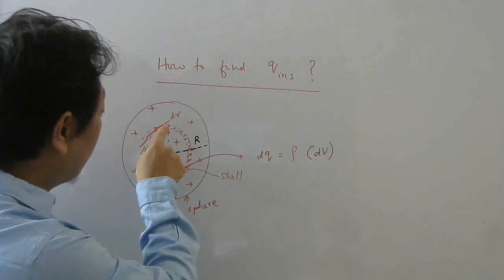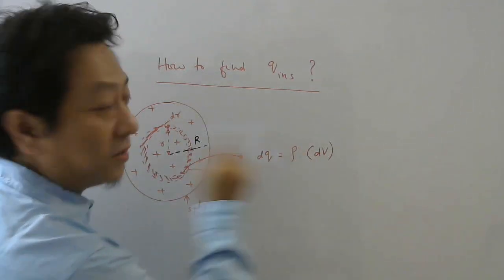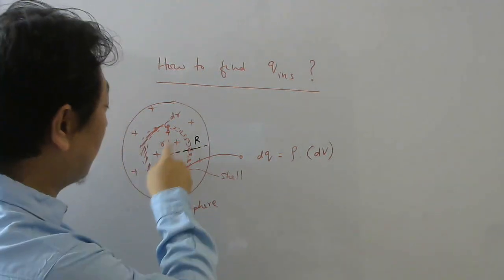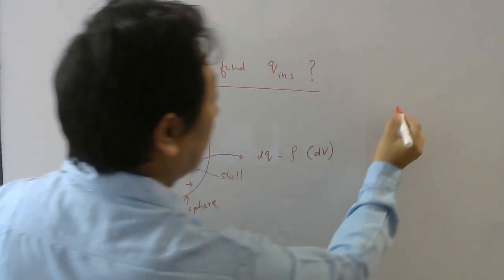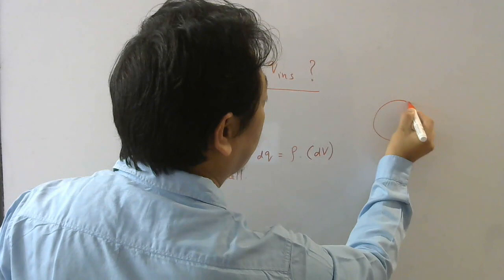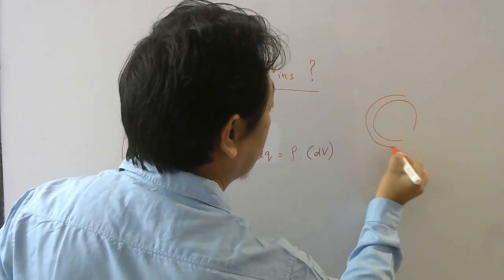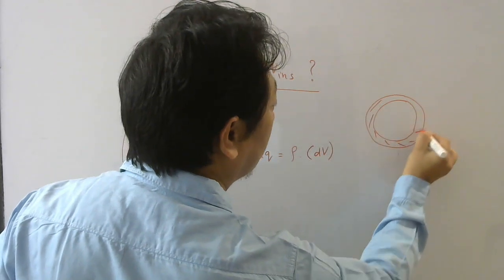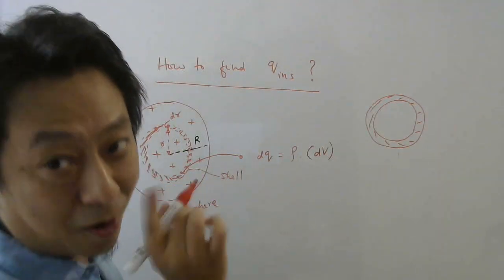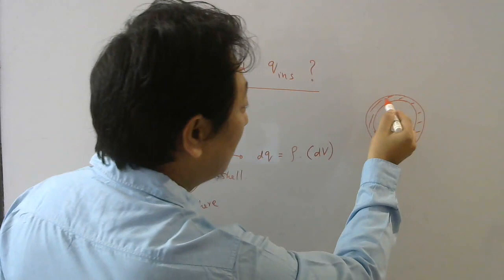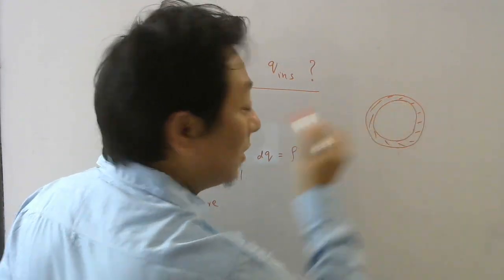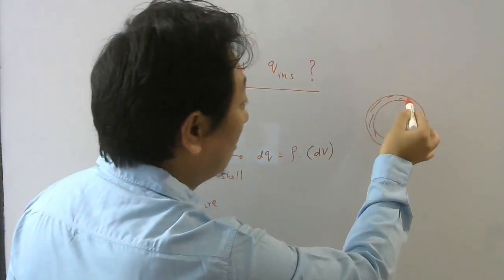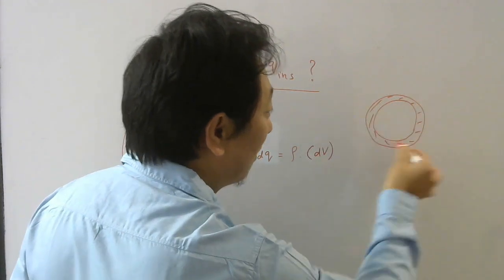Now, how do I write the volume of this shell, which is dV? How do I write it in terms of radius? Well, let me show that volume separately here. So remember, I want only this volume, right? Now, think carefully. This is nothing but the change in the volume from here to here, right?